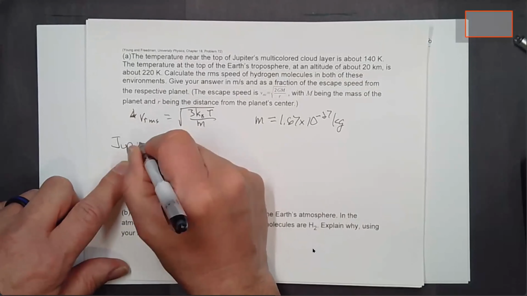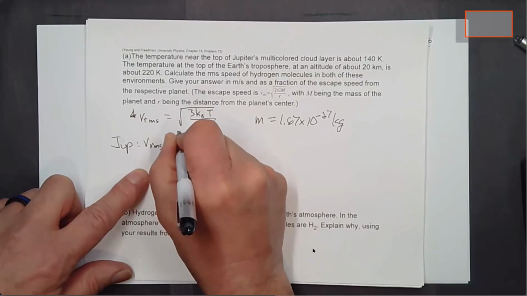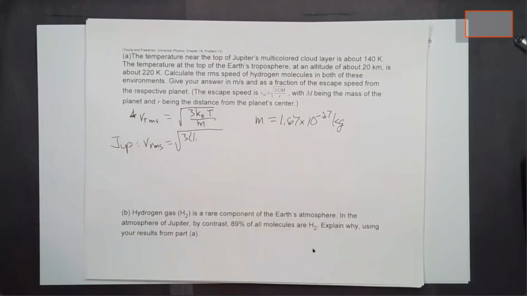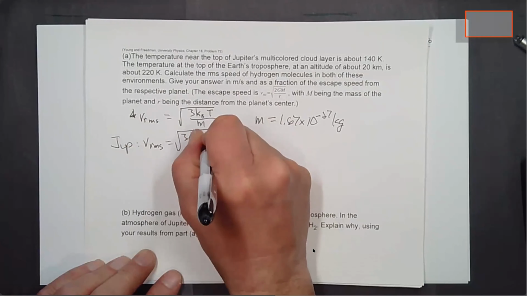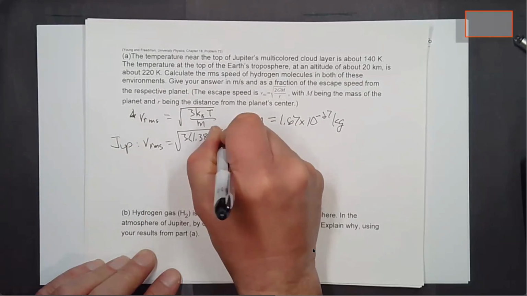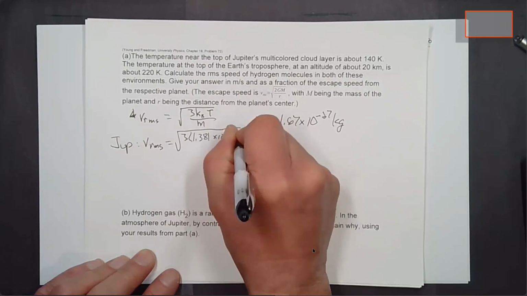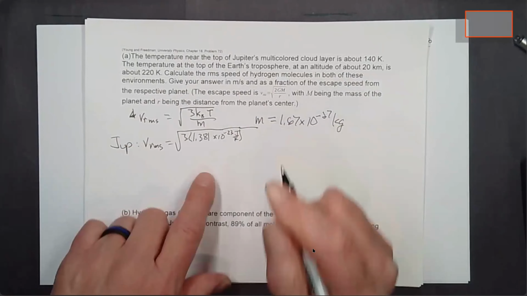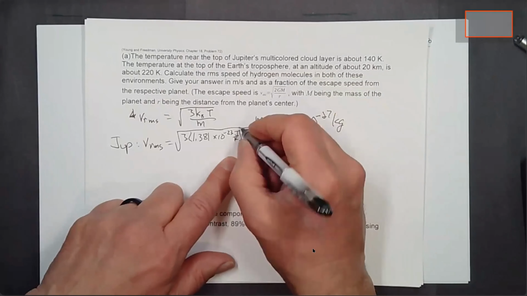And we'd have VRMS is going to be the square root of 3 times Boltzmann's constant, 1.381 times 10 to the minus 23rd joules per Kelvin. Then the temperature at Jupiter is 140 Kelvin.